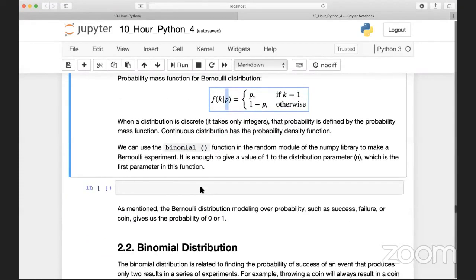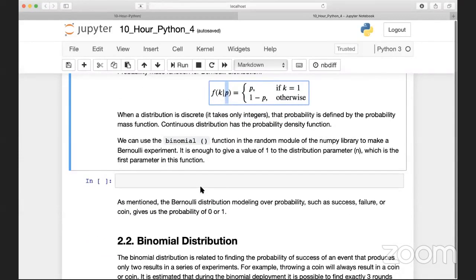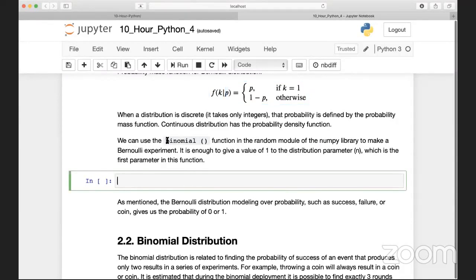All right. So in order to derive the Bernoulli distribution, we use the binomial built-in function because, as we discussed, binomial is just a generalized version of the Bernoulli distribution. So let's try to generate the Bernoulli distribution using binomial. Random dot binomial.